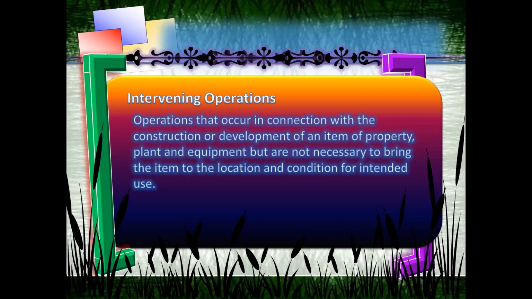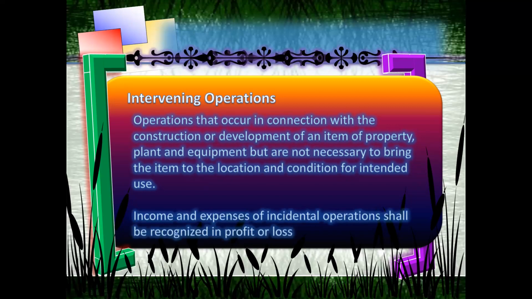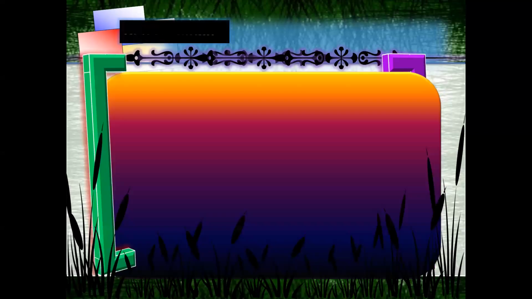So, in this case, yung sa parking space nga. So, ang sinasabi lang dito, class, is that as regard to intervening operations, pag meron siyang income tsaka expenses because of this incidental operations, it shall be recognized in profit or loss. So, report mo agad sa profit or loss.